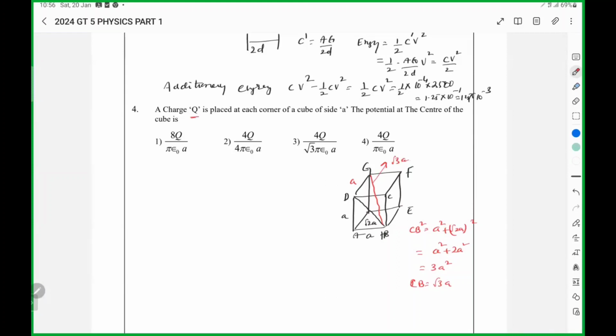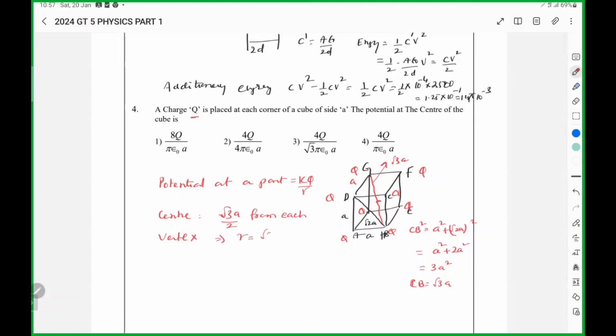A charge Q is placed at each corner. We have 8 corners. What is the potential at the center of the cube? Potential at a point is kq by r. The center is at a distance of root 3a by 2 from each vertex.